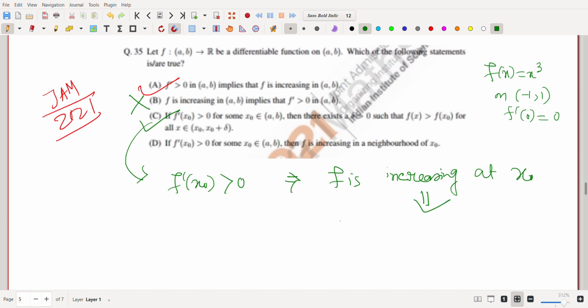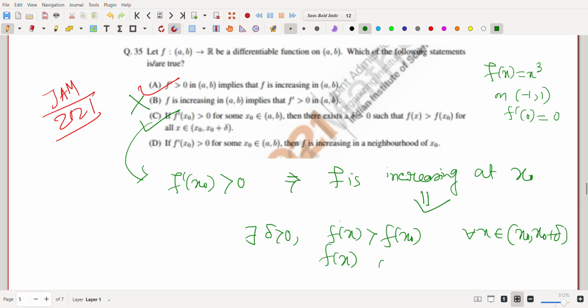What is its meaning? Here the interval is the open interval a comma b, so x naught must be an interior point. So there exists a delta greater than 0 such that f x is greater than f of x naught for all x belonging to x naught comma x naught plus delta, and f x is less than f x naught for all x belonging to x naught minus delta comma x naught.